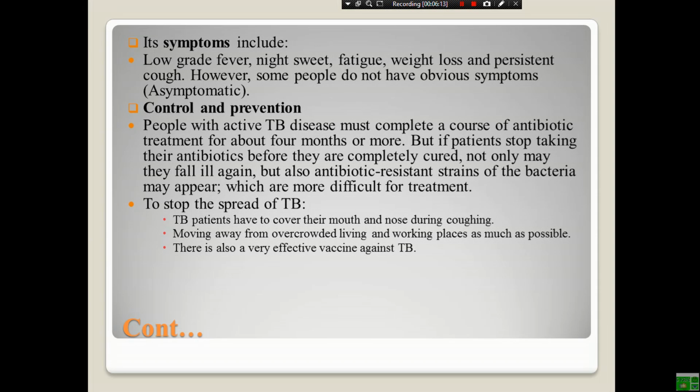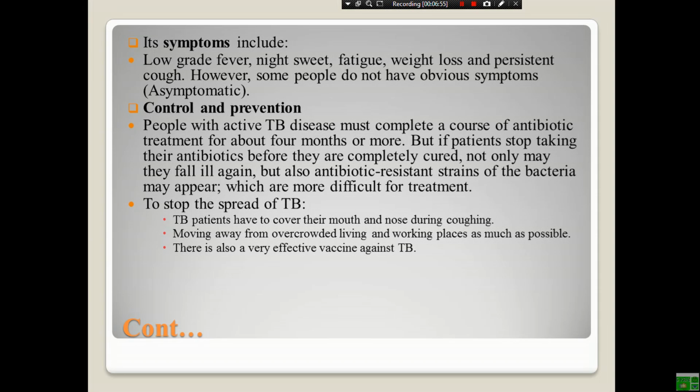If the patient stops taking their antibiotics before they are completely cured, not only may they fall ill again, but antibiotic-resistant strains of the bacteria may appear, which are more difficult to treat. In other words, the strains of bacteria may become habituated to the antibiotic treatment, and finally it is difficult for the patient to be cured or free from this disease.